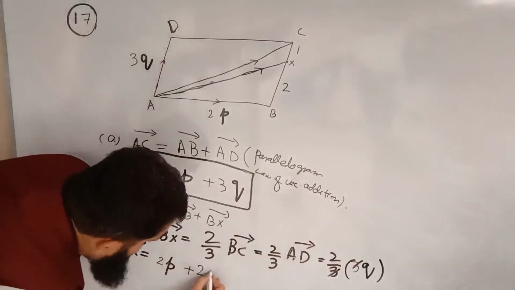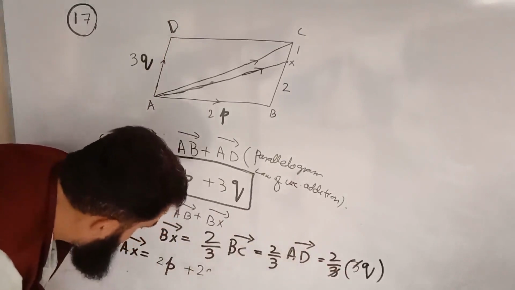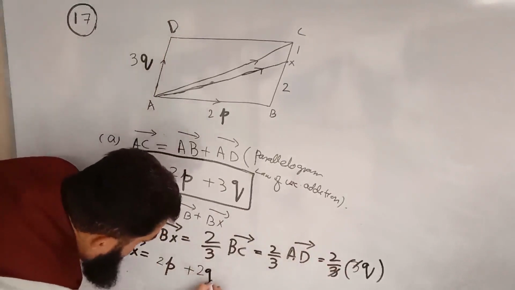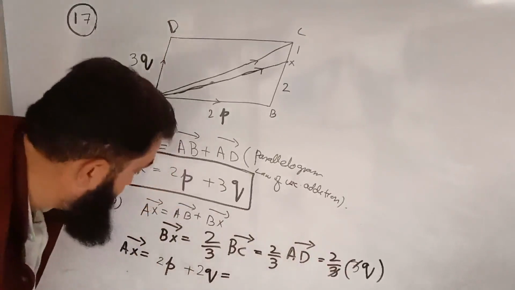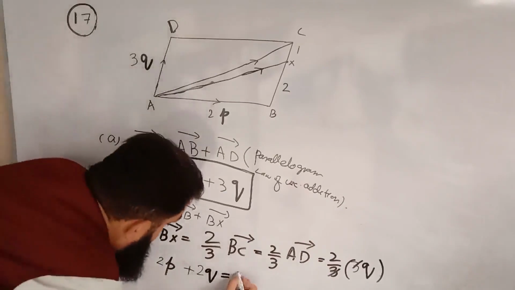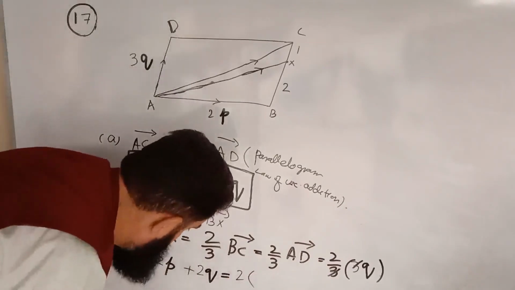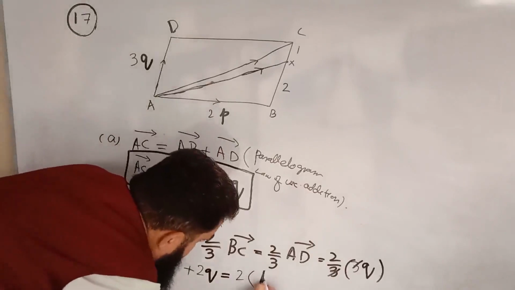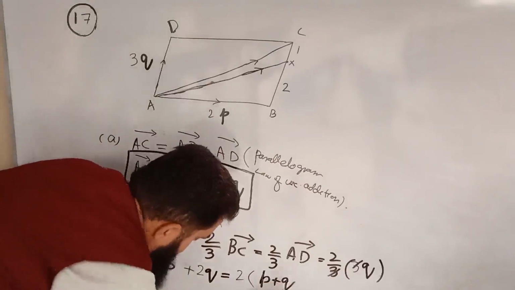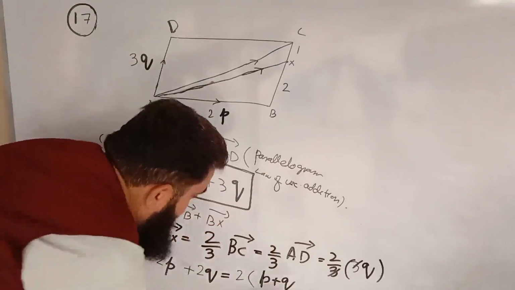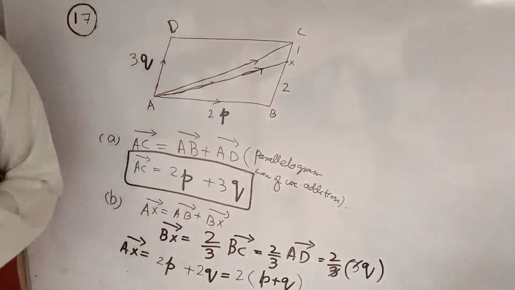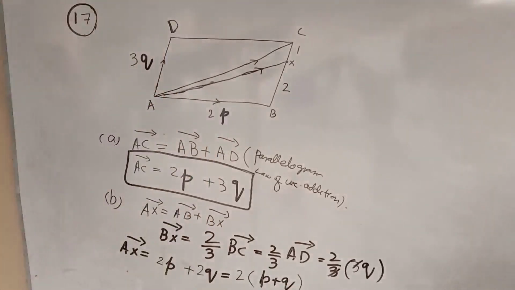So this is 2Q, or if you take 2 common, you write it as 2 into (P plus Q). So AX is 2 into (P plus Q), or you can write it as 2P plus 2Q.